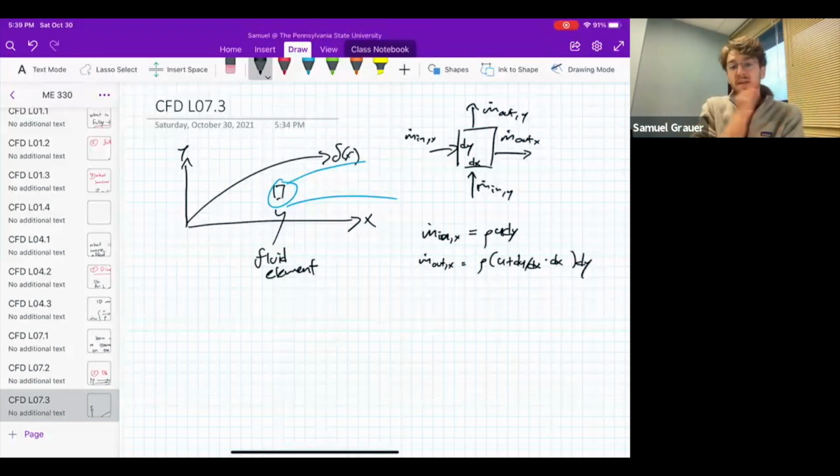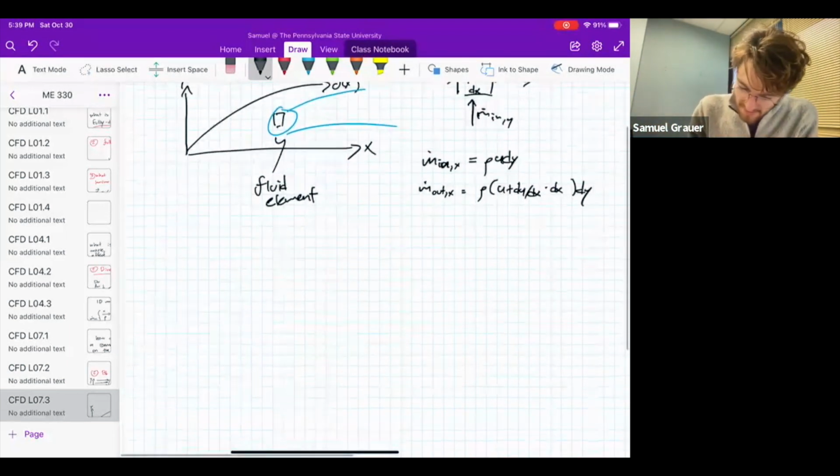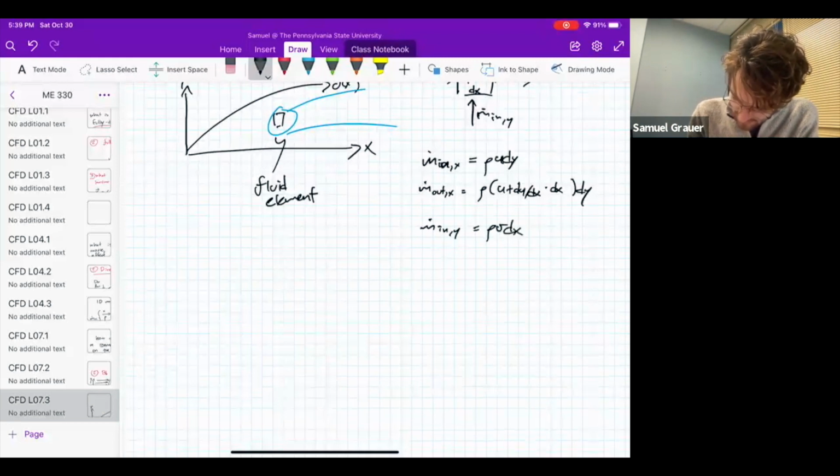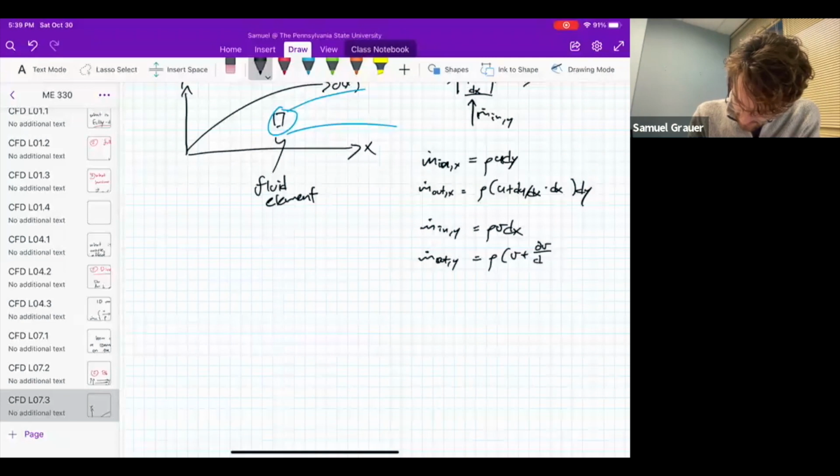So we have u changing over dx, and then you multiply it by dx, and that will give you the resultant flow. And we have m in y, which is equal to rho v dx, and we have mass flow out in the y direction, which is equal to rho times v plus dv/dy times dy, times dx.